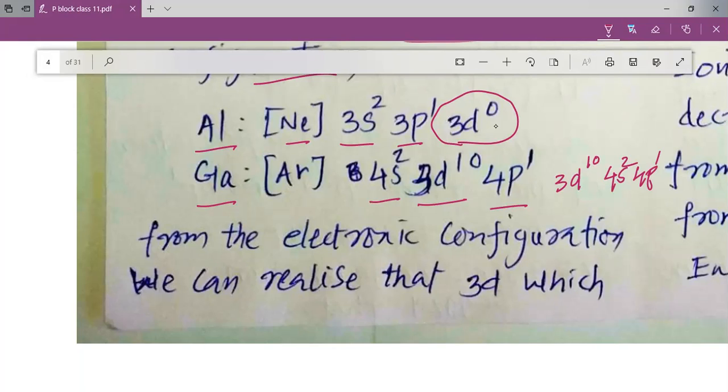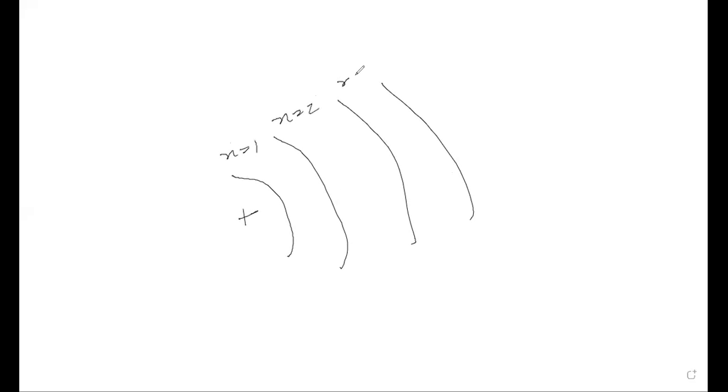So when you move from aluminium to gallium, let me explain this to you, my dear students. Suppose this is the nucleus. Around the nucleus we have the various shells: n is equal to 1, n is equal to 2, n is equal to 3.